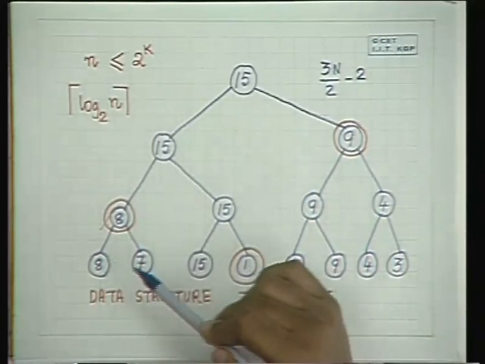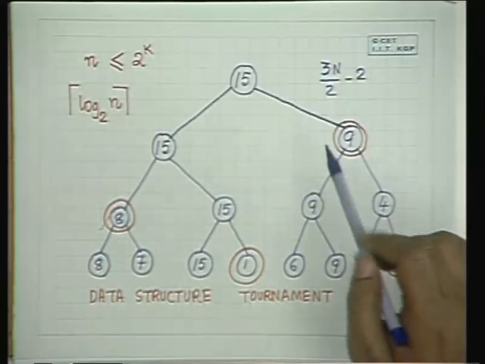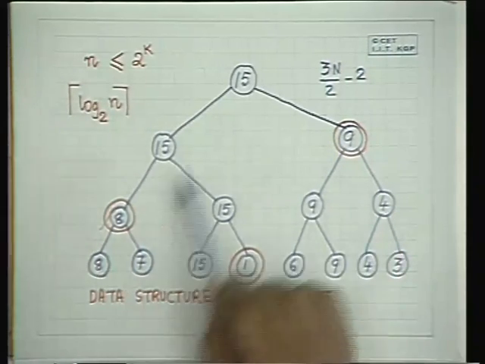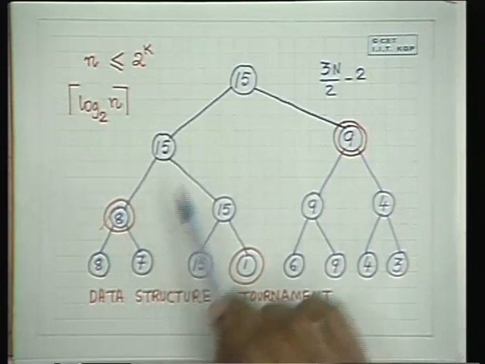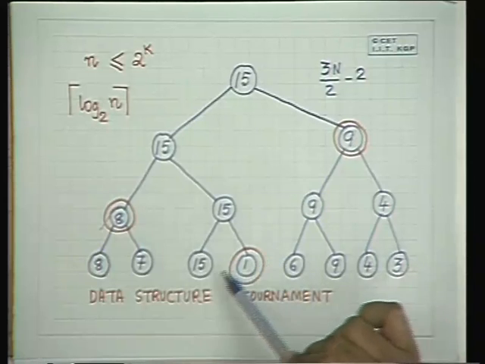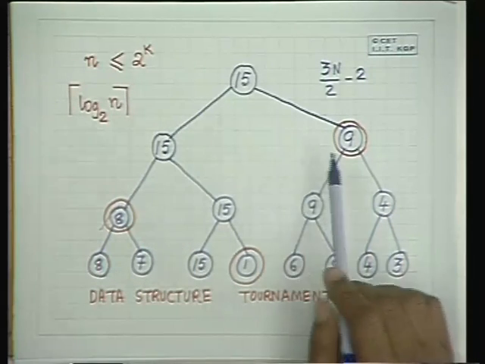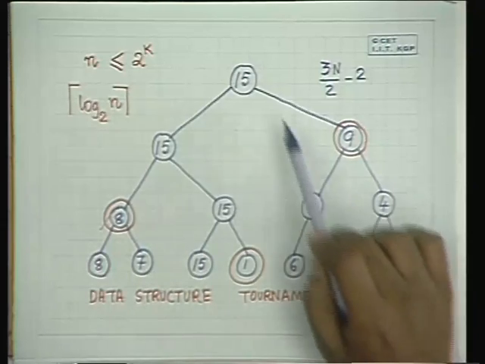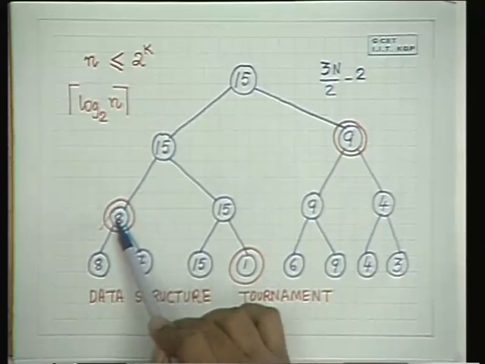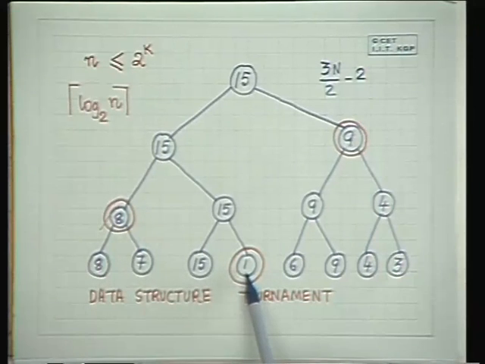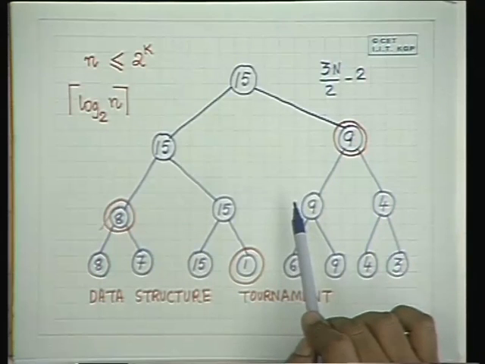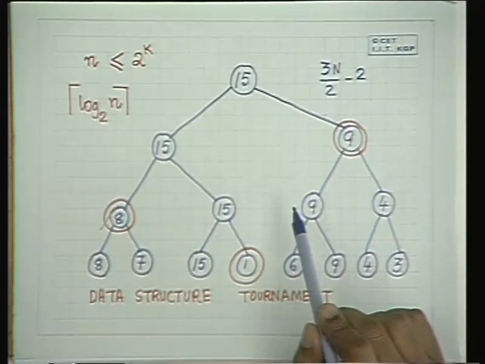In the case of the maximum and the second maximum, or the largest and the second largest problem, the insight that we obtained was that for such a tournament structure, the second largest number must be one which has lost out to the largest in the comparison tree. Therefore, in this particular example, the second largest would lie among 9, 8 and 1. So if we compared 9, 8 and 1 and found the largest of these three numbers, then we would have found the second largest number.